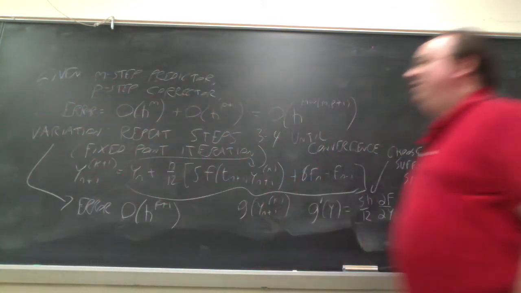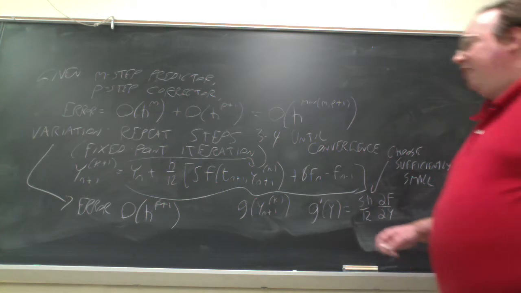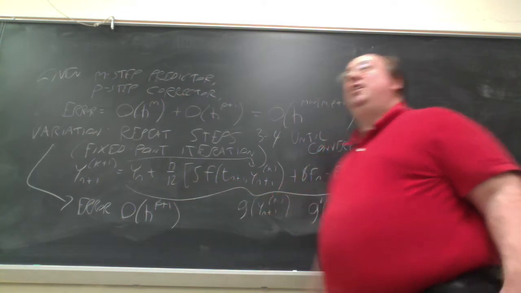And I just realized that was really awful notation on my part to use the letter P to refer to the number of steps in the corrector. I should have done that the other way around, but oh well.